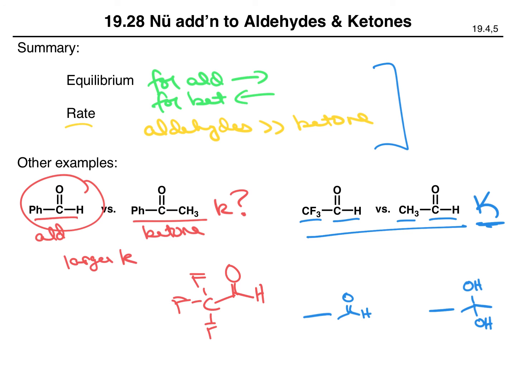If we're talking about trifluoroacetaldehyde, then here we have a big partial plus. And the only way that this carbon is stabilized is by pulling away electron density from this carbon, but all of these fluorines are pulling away electron density as well. So this carbon isn't going to be able to help this carbon, and therefore we would expect that this would be higher in energy. So the CF3 is going to be higher in energy.